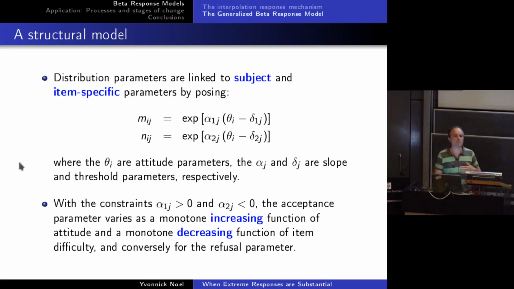So the model is basically one-dimensional. If you put some constraint on the signs of the slopes, then you will get an increasing function for the acceptance and a decreasing function for the refusal, giving sense to a latent continuum with an implicit increasing agreement. Here is a plot.